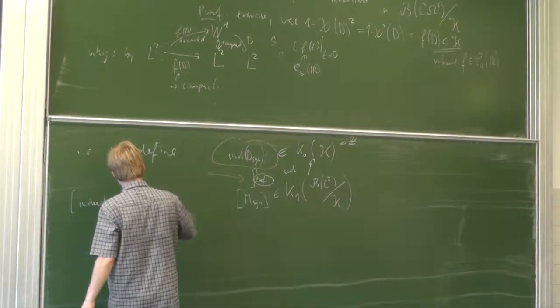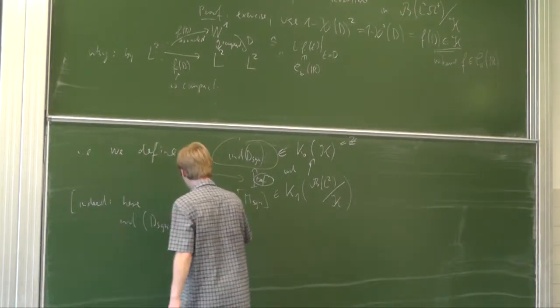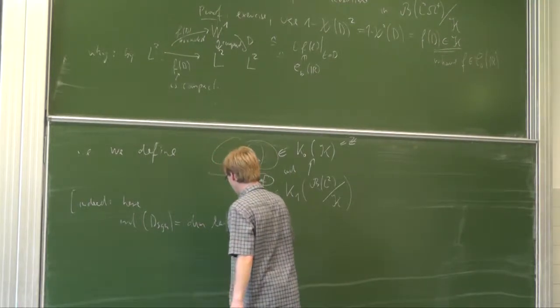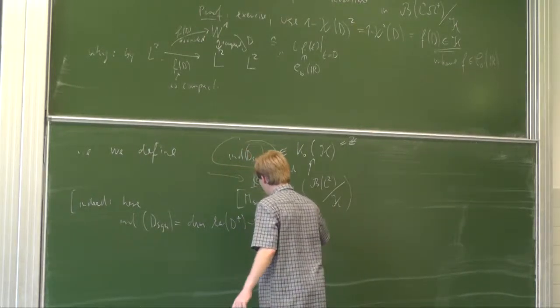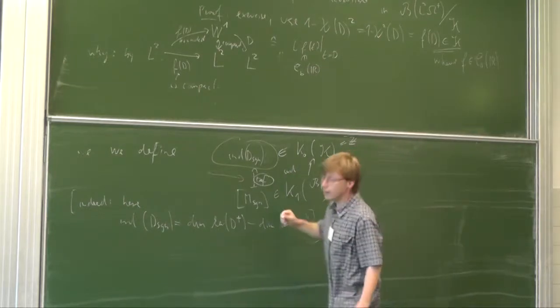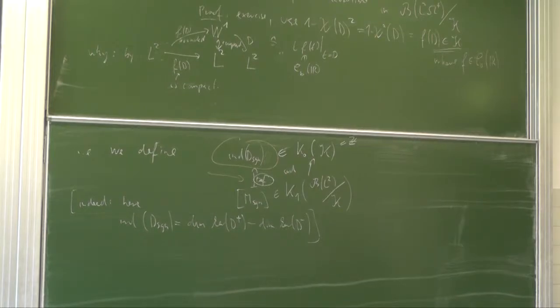Here, this index is equal to the dimension of the plus part minus the dimension of the minus part of the kernel. Okay, so it's not so clever. Right.